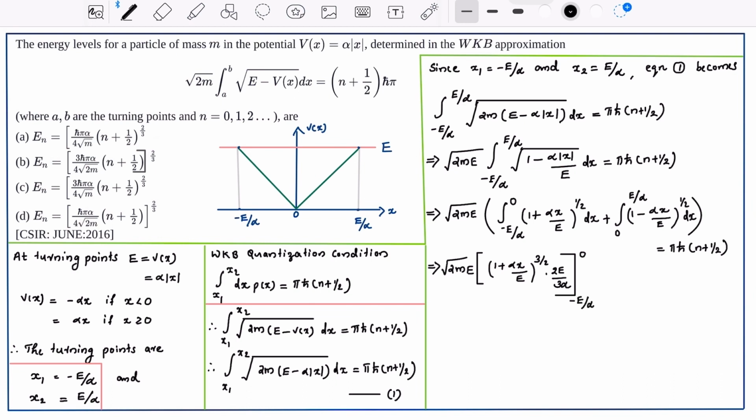Plus, now we have to evaluate the second integral, that is 1 minus alpha x by E raised to 3 by 2 into minus 2E by 3 alpha.